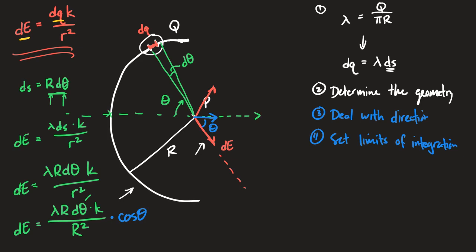I think theta has to start at 0 degrees right here and has to go all the way to 90 degrees. Is that okay with you guys? But that only covers half of my arc. But since I'm going to have a symmetrical half on the other side, I have a choice. I can go from, say, here, negative 90 to positive 90, or I can go from 0 to 90 and just multiply by 2.